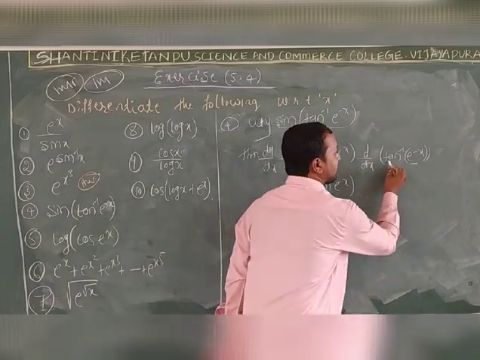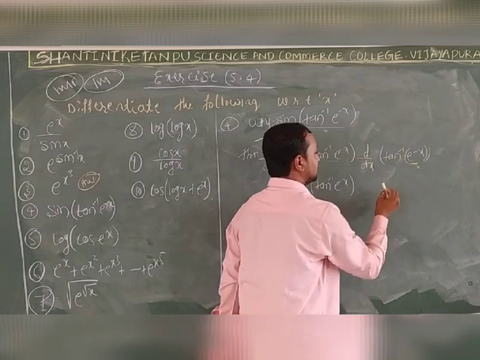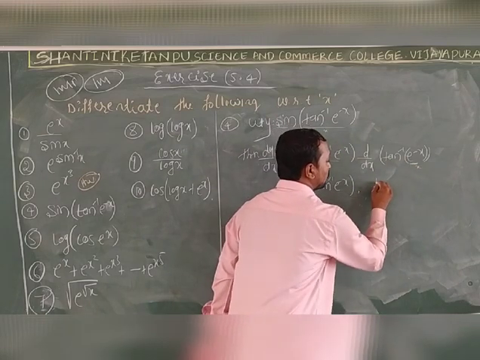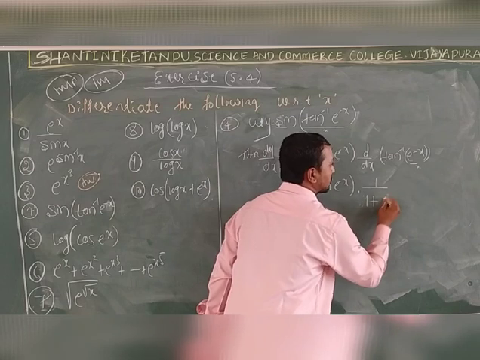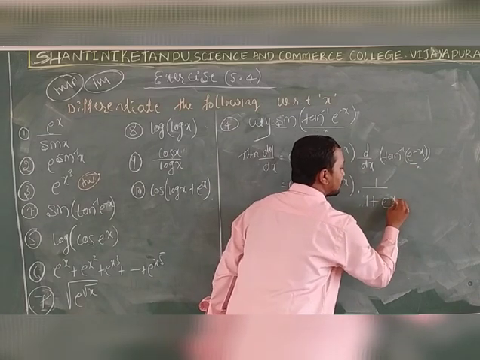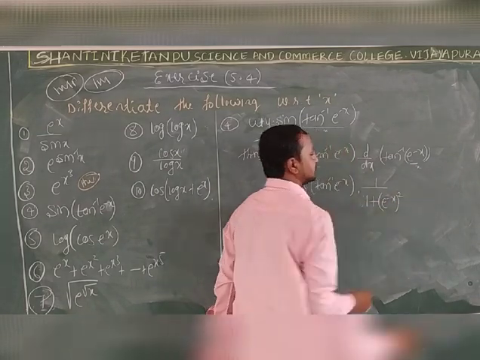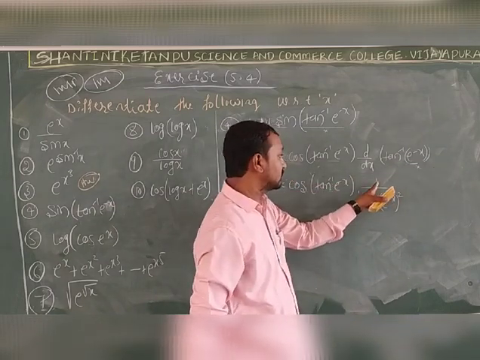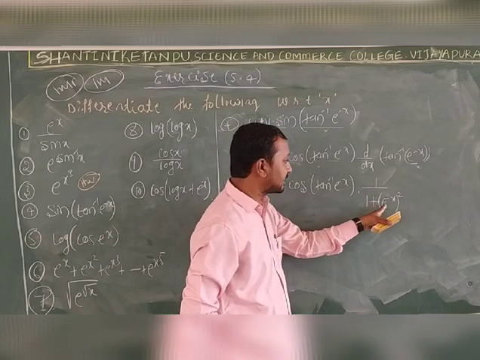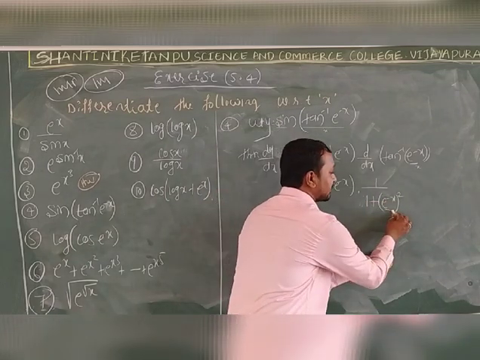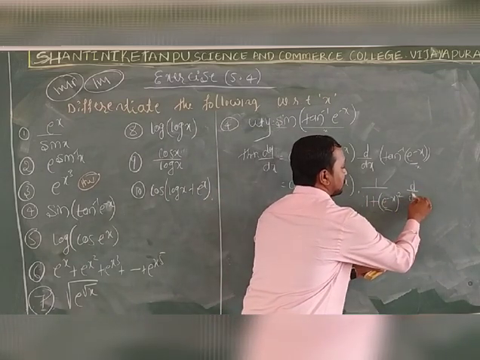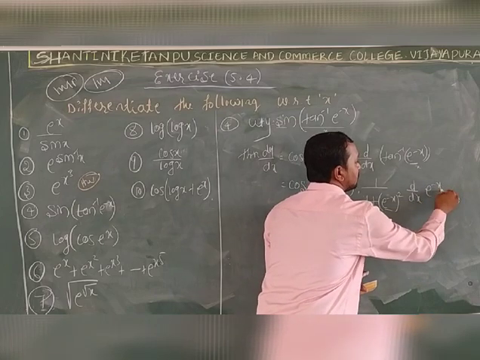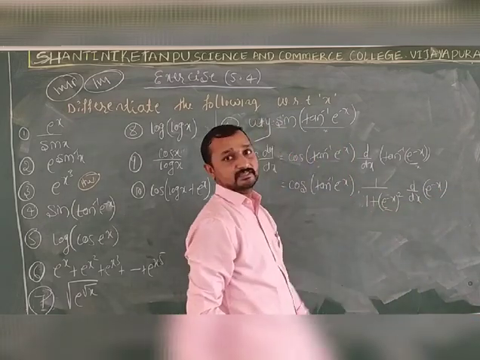It is clear that the derivative of tan inverse of x is 1 divided by 1 plus x whole square. Instead of x, what is there? e raised to minus x whole square, then d by dx of e raised to minus x.